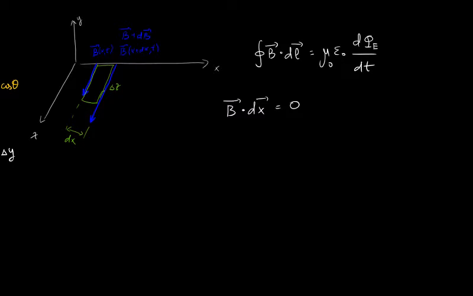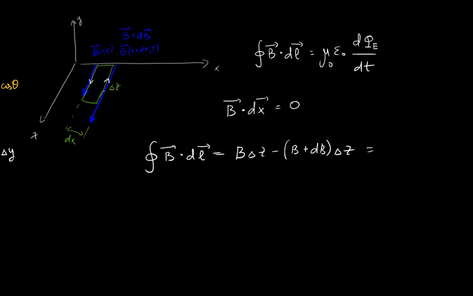Along the longer sides of the loop, our integral of B dot dl should equal B delta z minus B plus dB delta z, given that the integration goes along the loop in this direction.